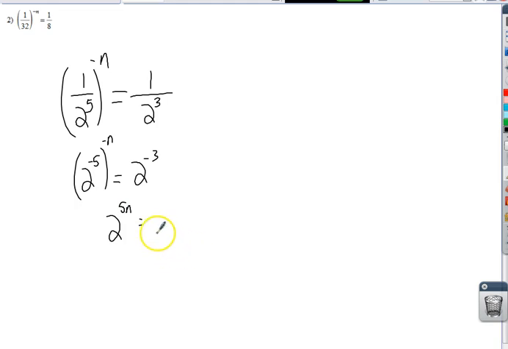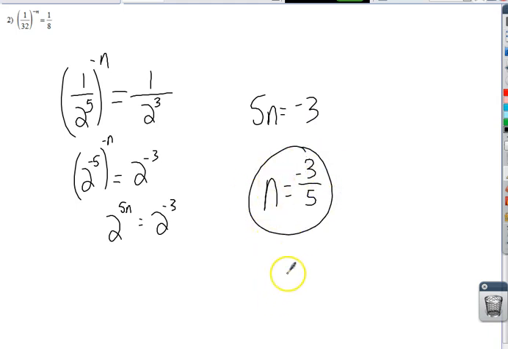Now, what you've got to realize here then is the following fact. If I have the same base, they're both 2, then I set the exponents equal to each other and solve. Done deal. Moving on up.